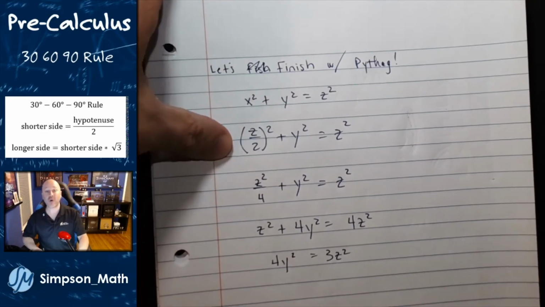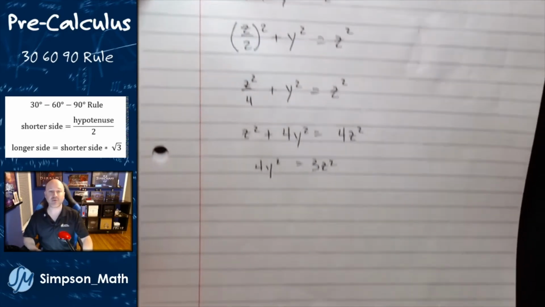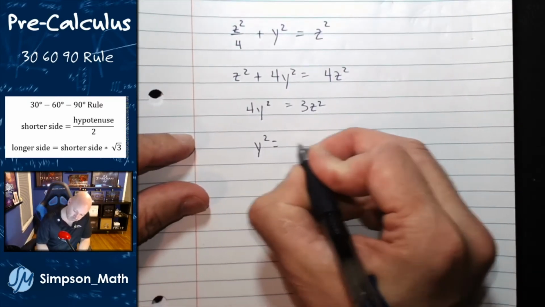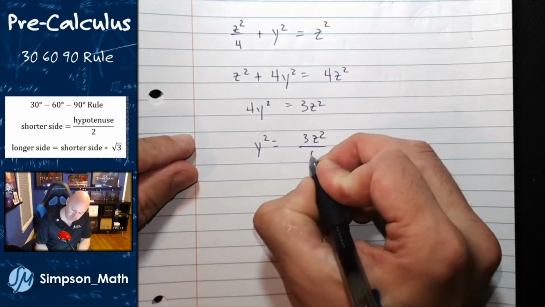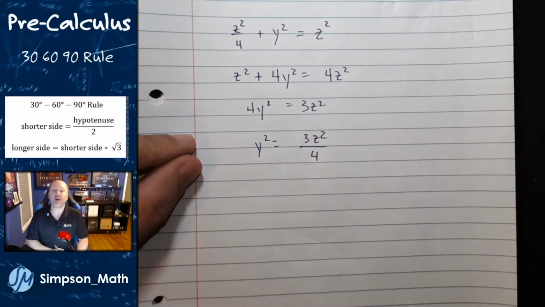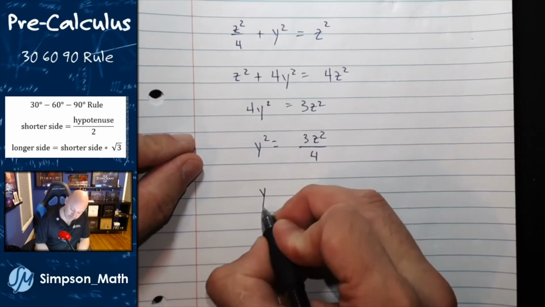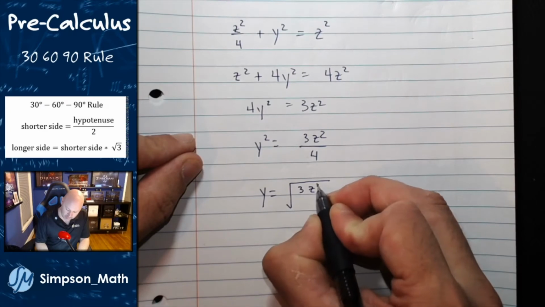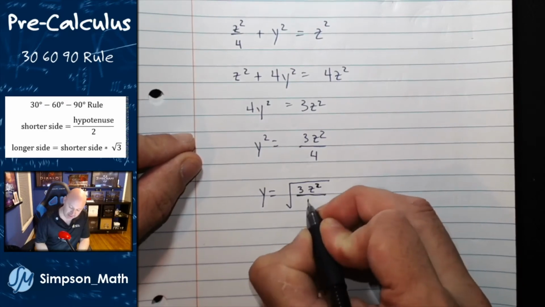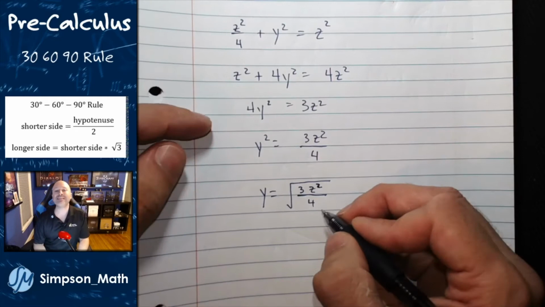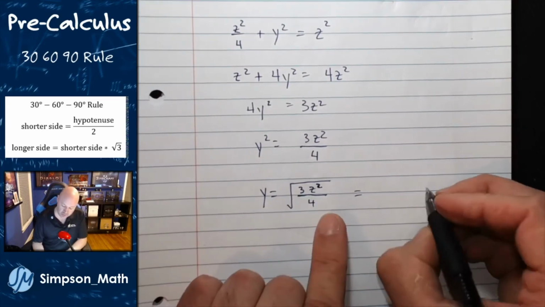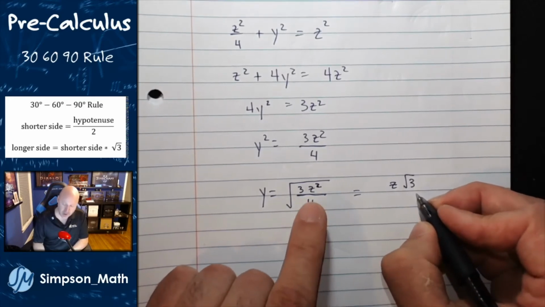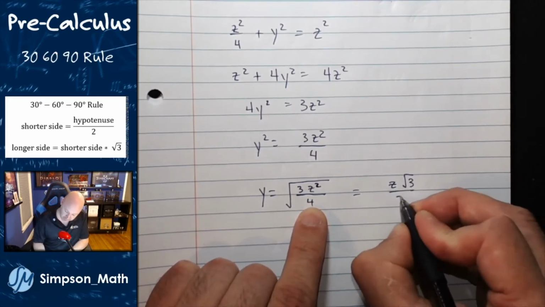If I want to solve for y, I'll first divide both sides of the equation by the coefficient 4. And then if I want to find y, I can take the square root of both sides. If you take the square root of a product like we have up top and a quotient, you can do them all independently. So this is equal to a z in the numerator, a square root of 3 in the numerator, and we know the square root of 4 is 2.